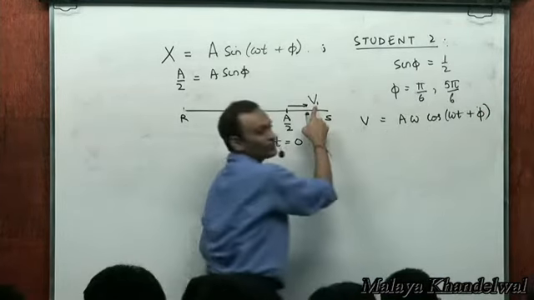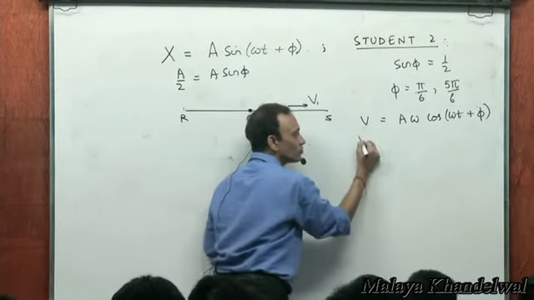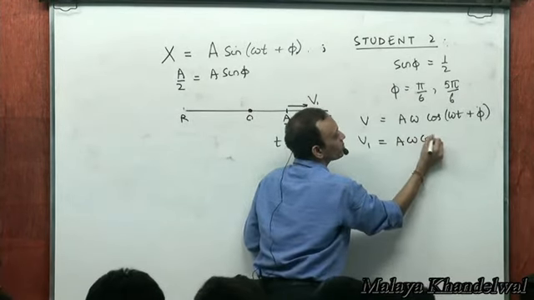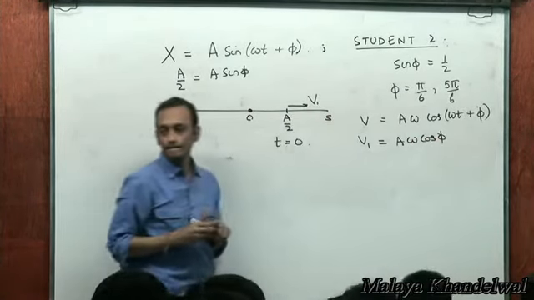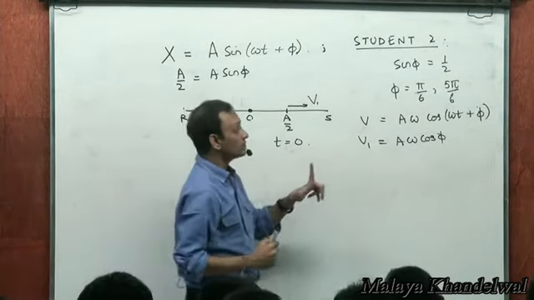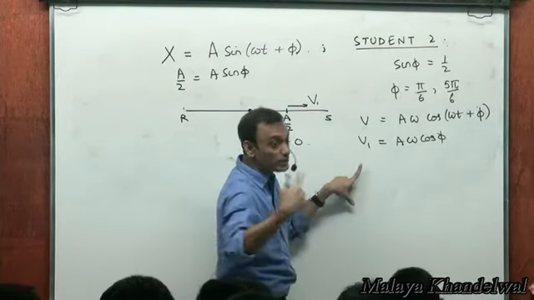At t equal to 0, v was v1. So v1 equals, at t equal to 0, a omega cos phi. Since he was observing the particle to be moving to the right, v1 ought to have been positive.